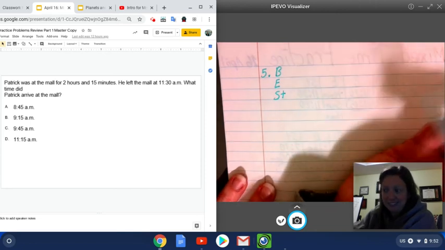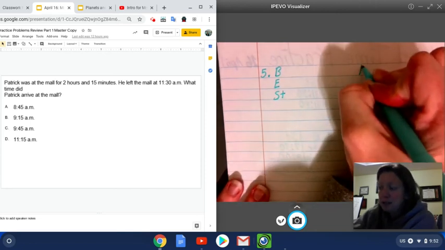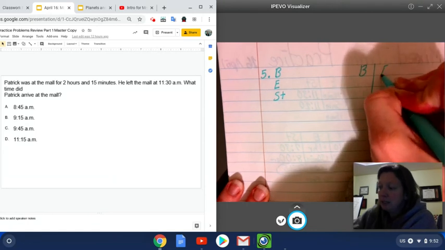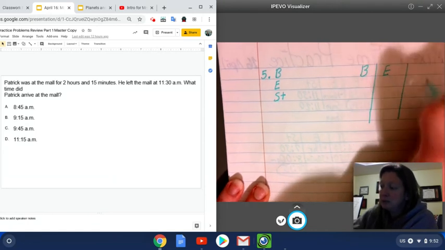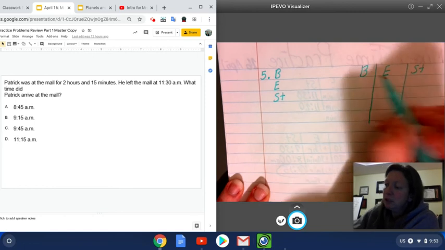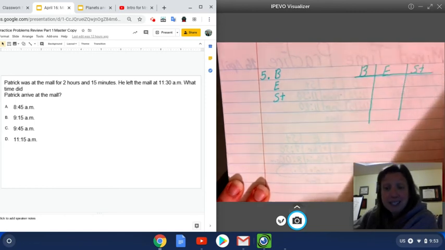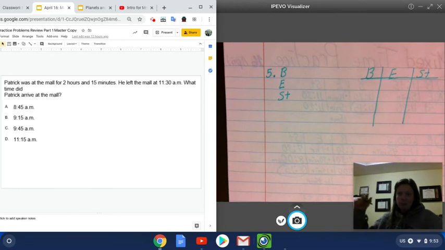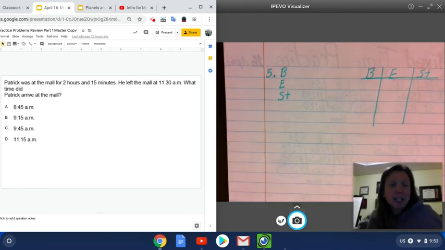Organize your thoughts. Use a double T chart. Use your strategies. Strategies.